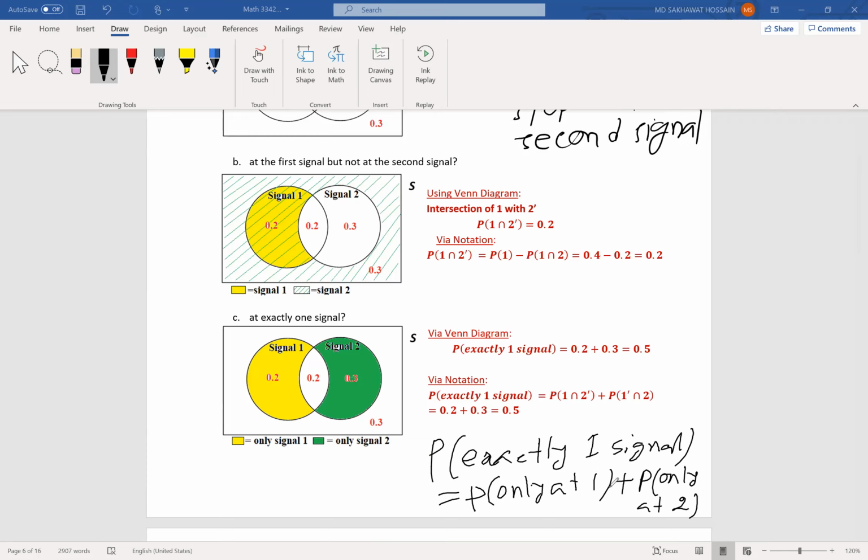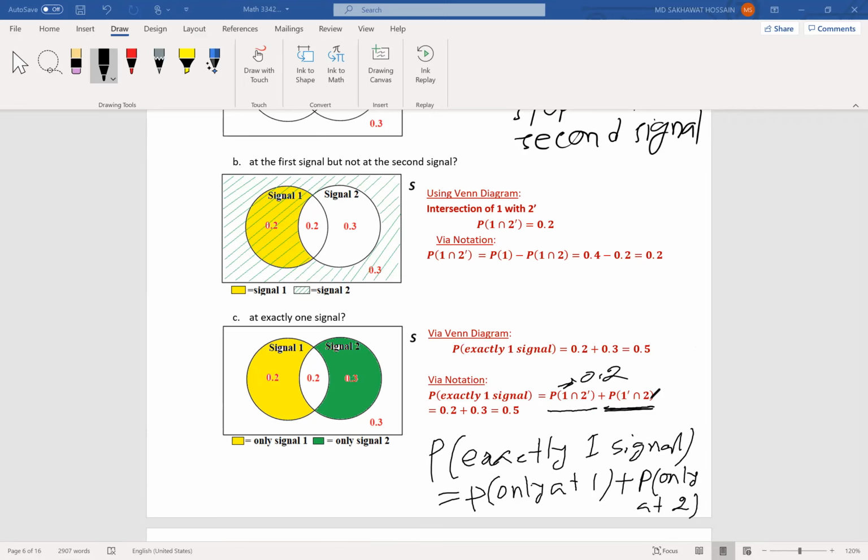So that means we have to find the probability of 1 intersection 2 complement plus 1 complement intersection 2. We already know the probability of this part, which is 0.2, and the probability of this other part is the probability of 2 minus the probability of the intersection.